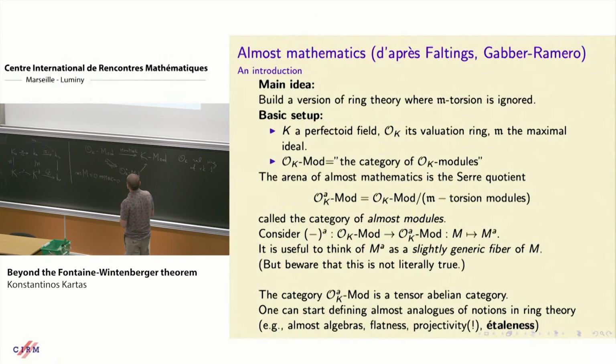For instance, you can define the notion of an algebra. You can define flatness, categorical flatness. But there are some subtleties. For instance, categorical projectivity is going to give you the wrong notion, so you need to borrow back some ideas from commutative algebra. And eventually, one defines the notion of an étale extension in this context.